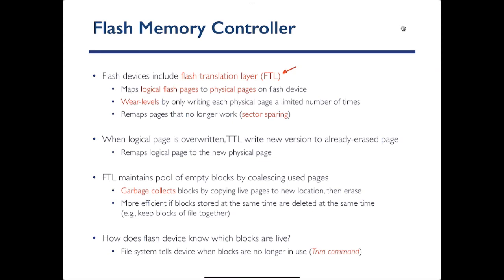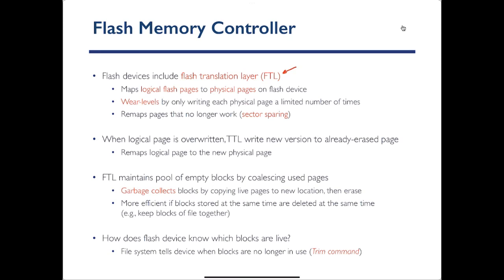The flash controller also has to take care of wear leveling, this load balancing of writes over all the cells that we have. And then finally, you might want to keep some of the pages as spare pages, because if your cells wear out, you could use those as spares.